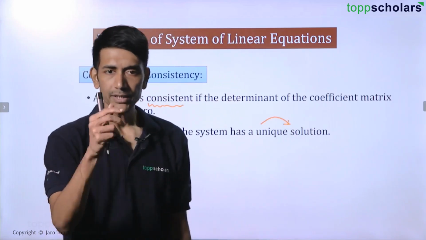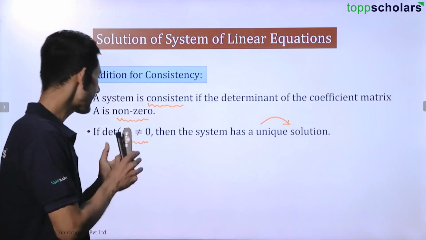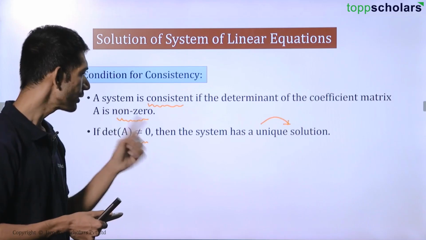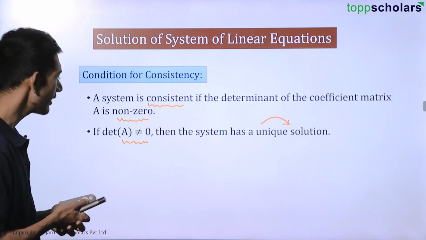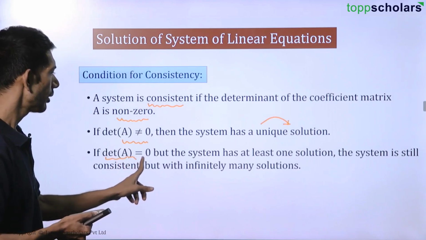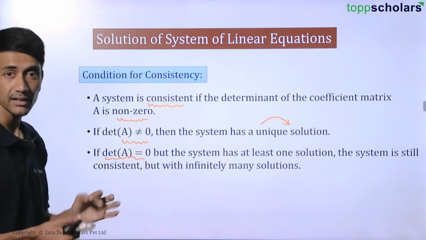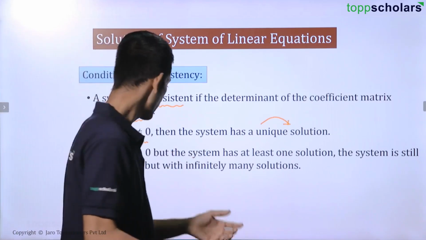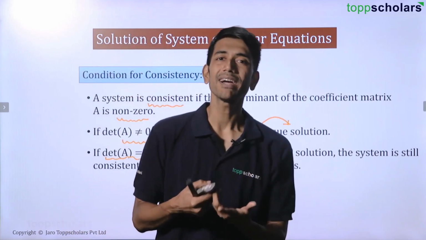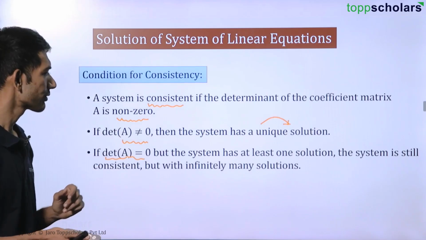So if the determinant is not equal to 0, that means it is a non-singular matrix, and it has a unique solution. And if the determinant is 0, but the system has at least one solution, the system is still consistent, but it has infinitely many solutions.